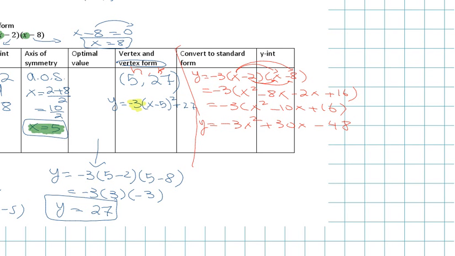Remember that this represents your y-intercept. So I would write it as y equals negative 48, and that would be my answer for the y-intercept.